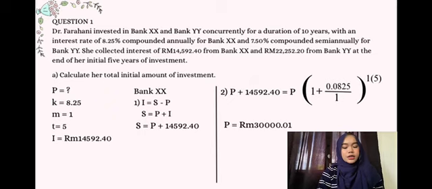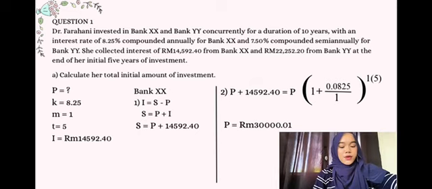After calculating, we get P equals 30,000 ringgit and 1 cent. So the initial amount of investment for Bank XX is 30,000 ringgit and 1 cent.